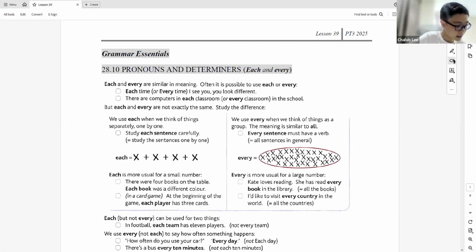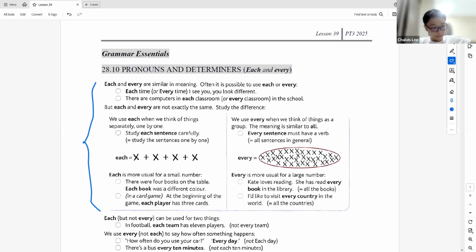Each and every are similar in meaning. Often it is possible to use each or every each time or every time I see you, you look different.